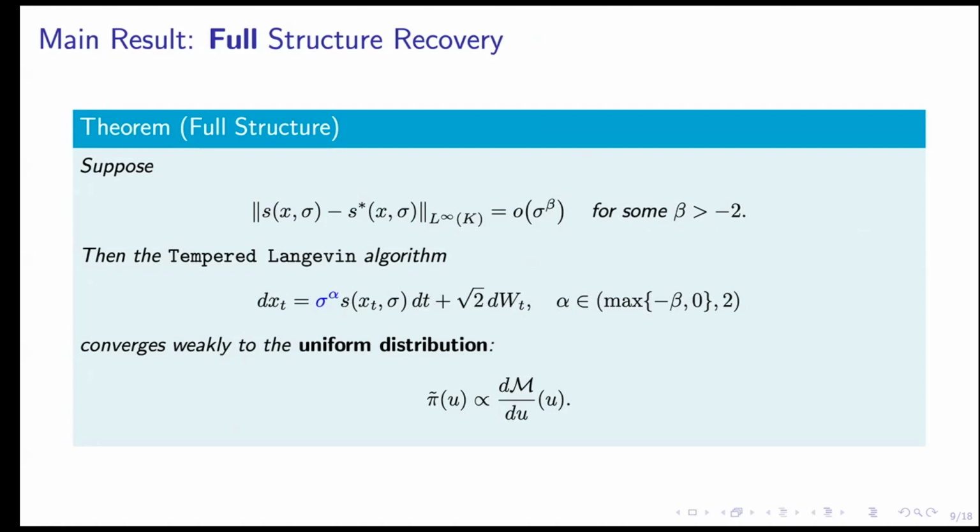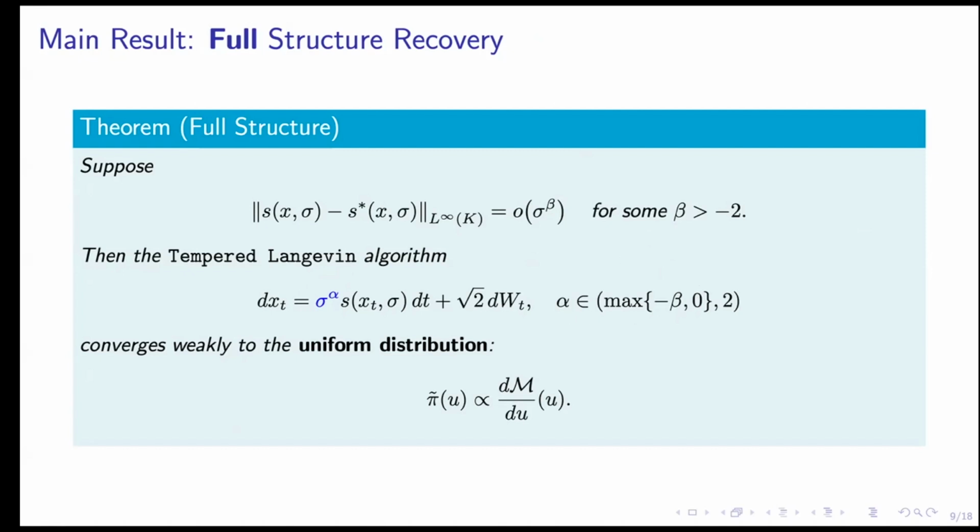Then we propose the tempered Langevin algorithm, where we multiply the score by sigma to the power of alpha. If we know our score error, we can select alpha, or we just make alpha close to 0. Then the stationary distribution of this Langevin dynamics converges weakly to the uniform distribution on the manifold as sigma goes to 0.